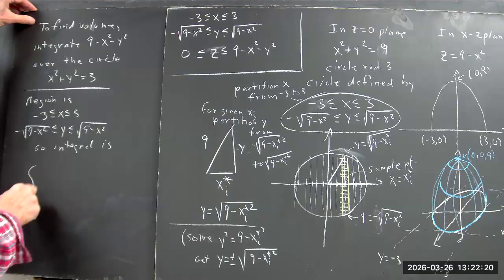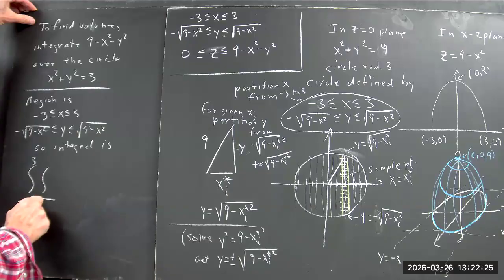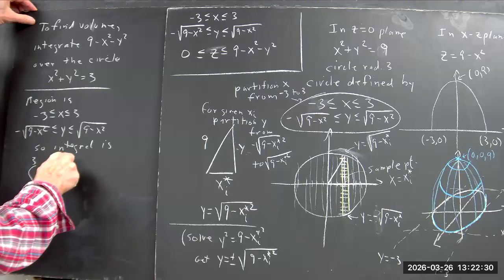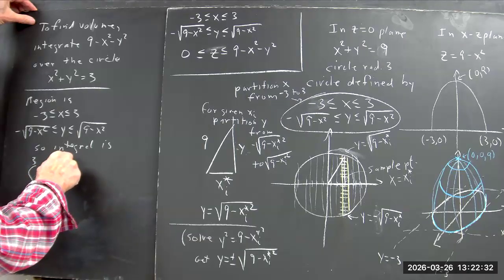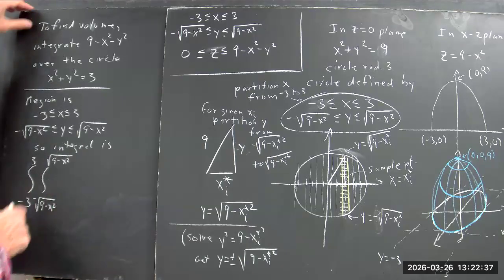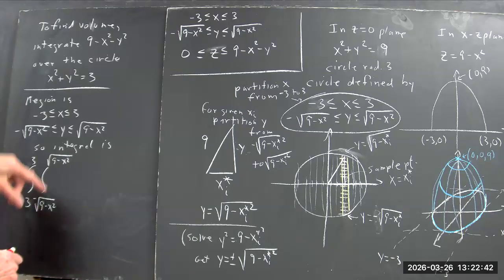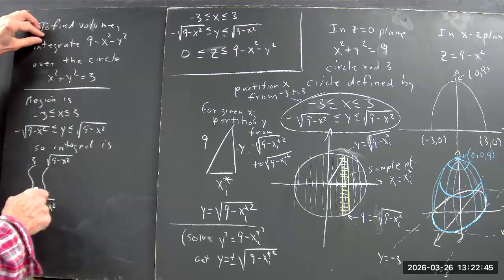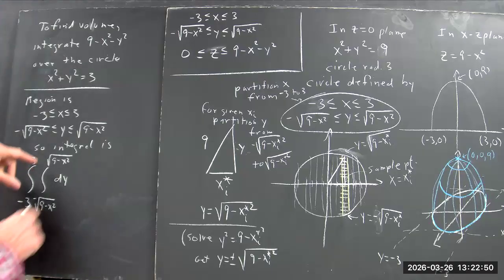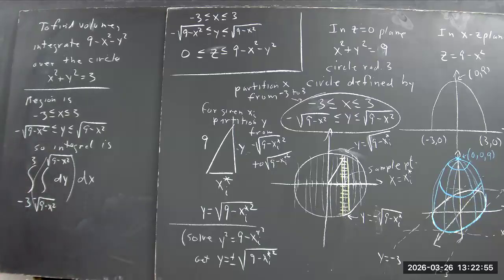The integral is the integral from y equals negative square root of 9 minus x squared to the square root of 9 minus x squared with respect to y, and then integrate that with respect to x from -3 to 3.